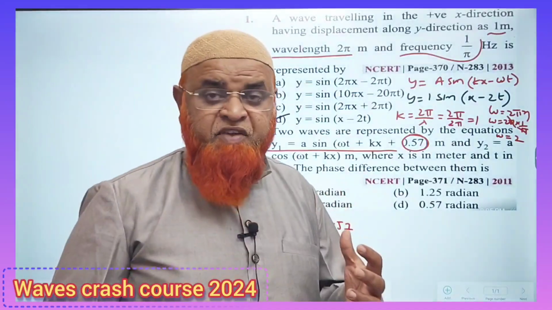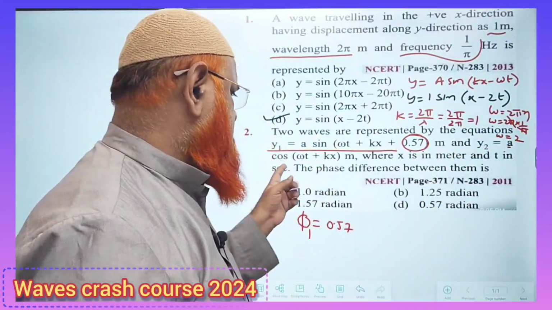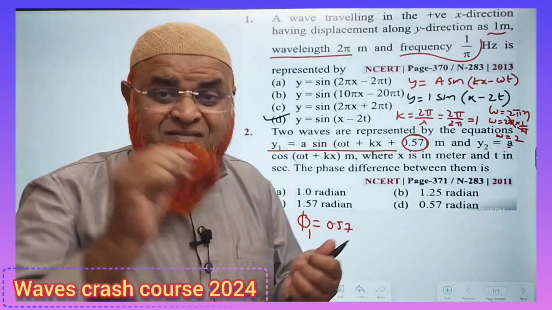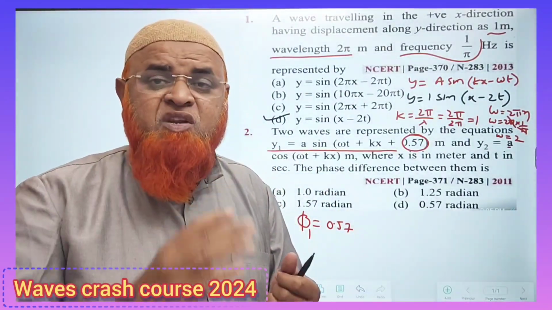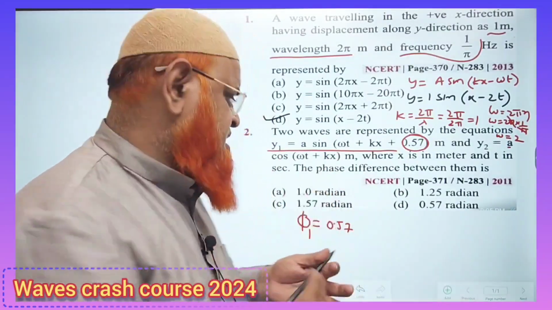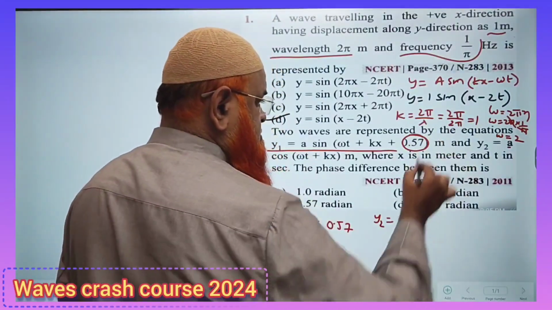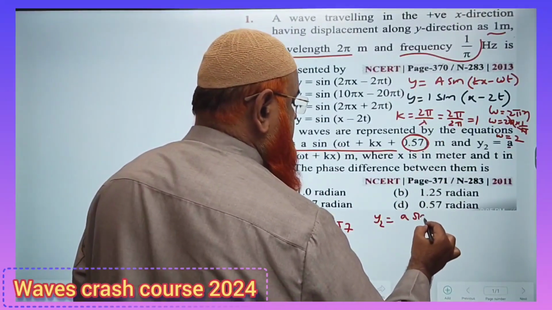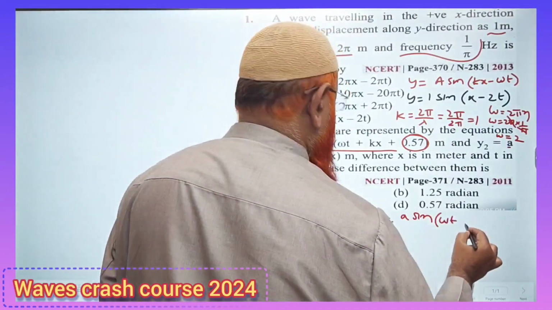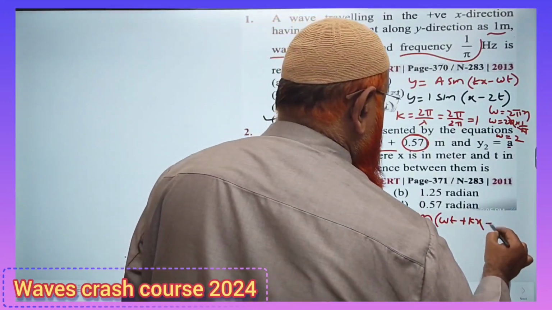How can you find out the phase angle for the second equation, which is y2 is equal to a cos omega t minus kx? If you want to convert a cos equation into a sine equation, you have to add pi by 2. So you can write now y2 is equal to a sine omega t plus kx plus pi by 2.